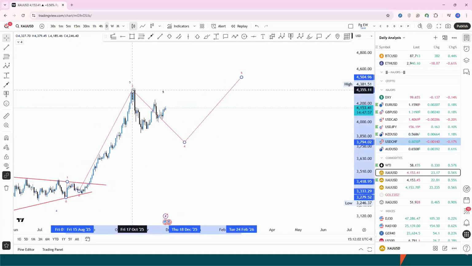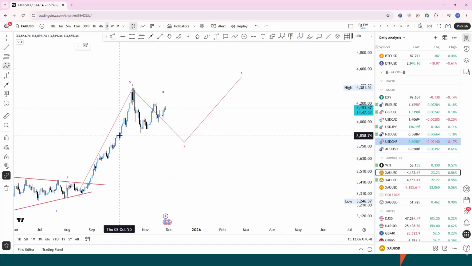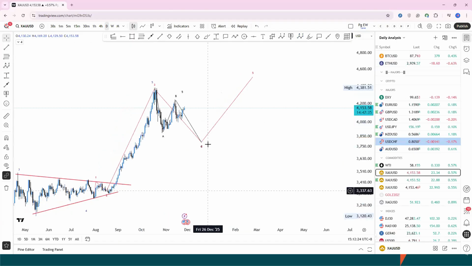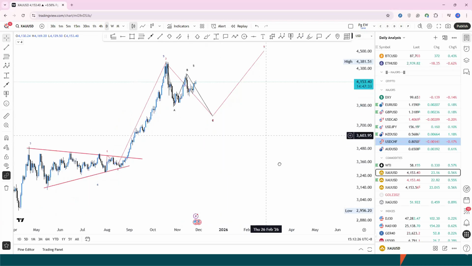So if this is going to be wave 3 and this wave 4, then we're going to see after 3 to 4 or maybe 5, and then there could be A, B, C. This is going to be either A, this is going to be B, and this is going to be C to complete this 4 and then go down.